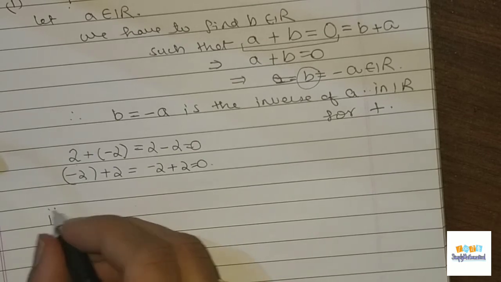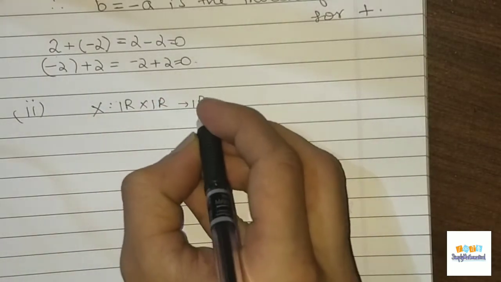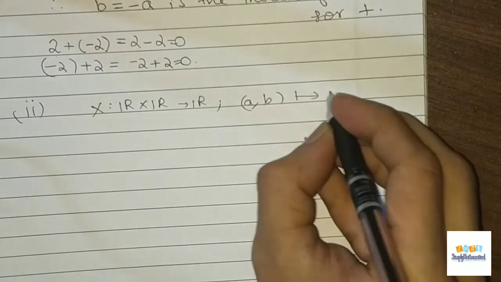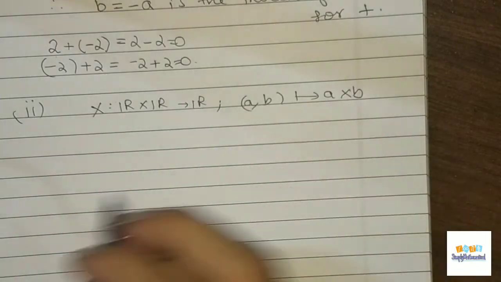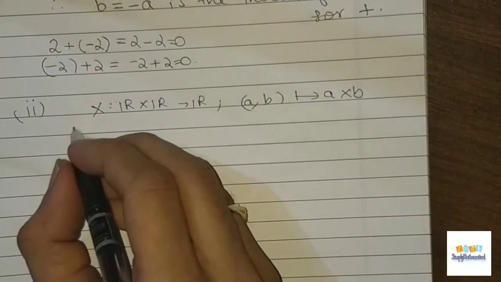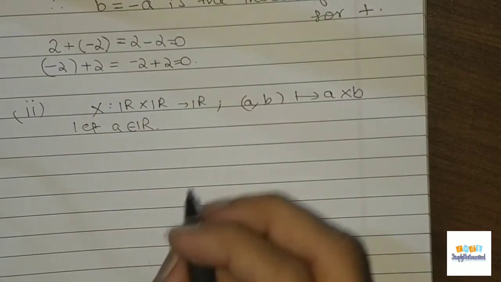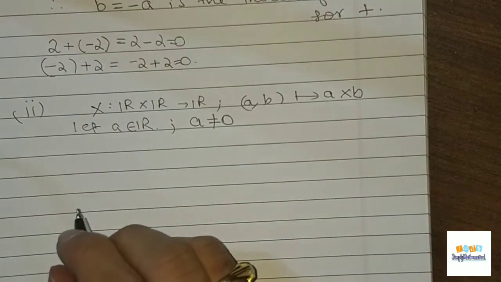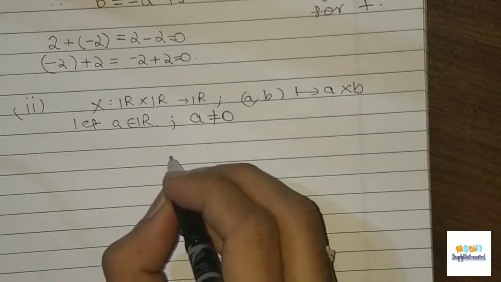Now let us look at the second. That is multiplication, from R cross R to R defined by a comma b goes to a multiplied by b. Now let a belong to the set R, and you take a non-zero.